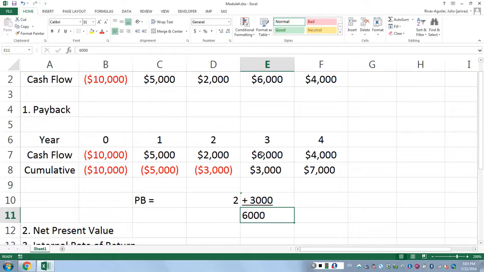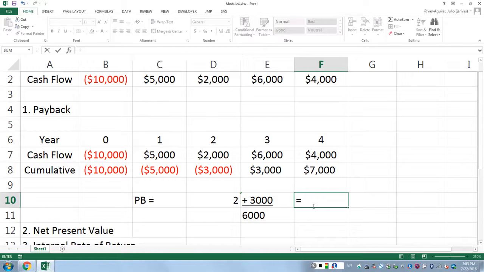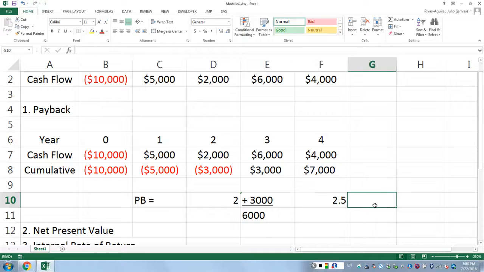So that number comes from here. So it's going to be 2 years plus $3,000 that we need to receive out of $6,000 that we will be receiving in year 3. So the total is 2 plus 3,000 divided by 6,000. There you go, 2.5, and the unit is years.